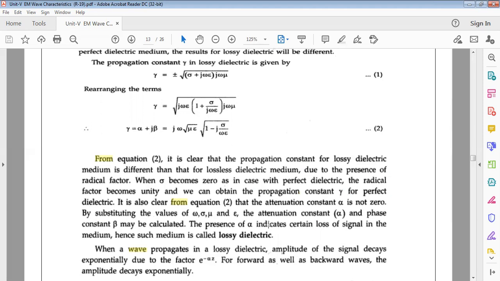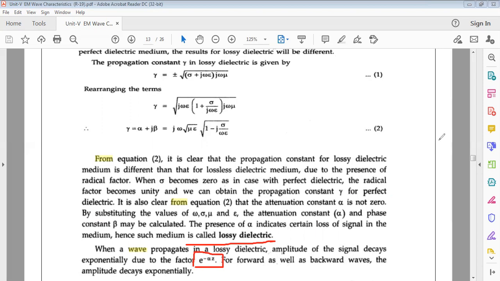If alpha is not zero, it means definitely there is a loss, so we call it a lossy dielectric. The presence of alpha indicates a certain loss of signal in the medium. Hence, such a medium is called a lossy dielectric. When a wave propagates in a lossy dielectric, the amplitude of the signal decays exponentially due to the factor e power minus alpha z, for the forward as well as the backward wave.